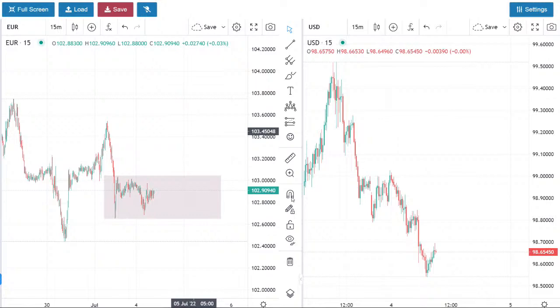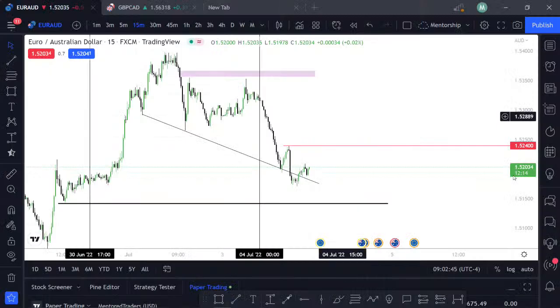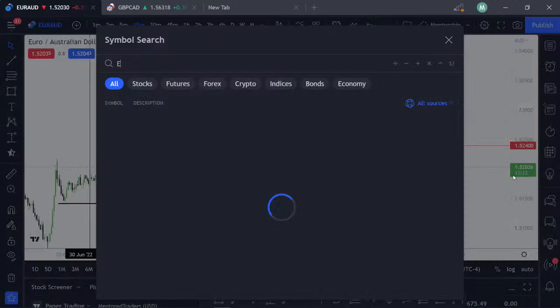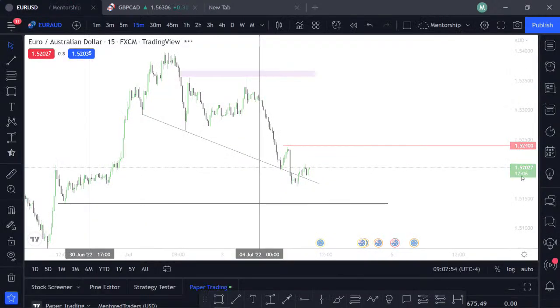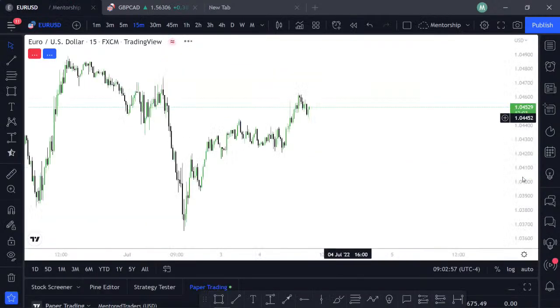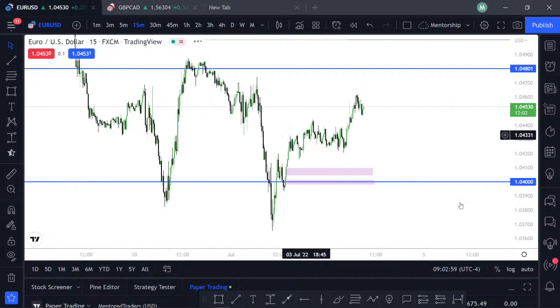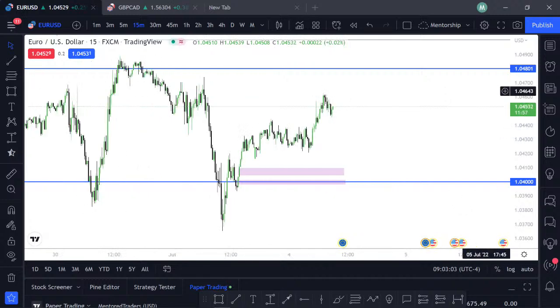Euro USD entry on institutional levels. We see that if the dollar is selling, then the euro is consolidating around here, at the 50 level.